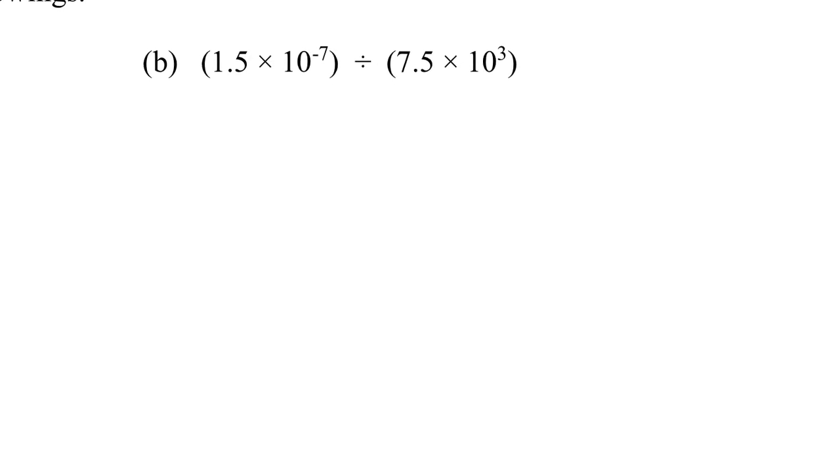Okay, we are going to divide 1.5 times 10 to the power of negative 7 divided by 7.5 times 10 to the power of 3. So for this, right, we are going to do this. 1.5 divided by 7.5. This will give me 0.2.